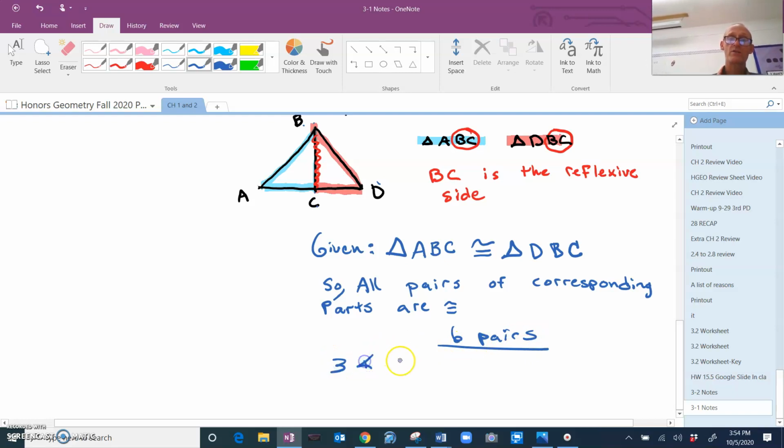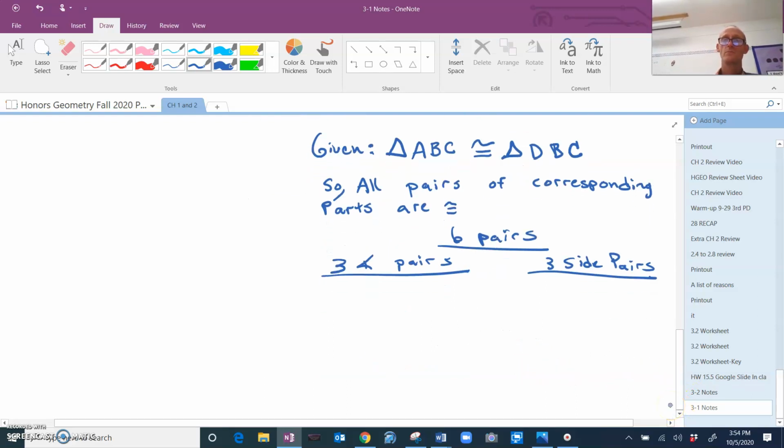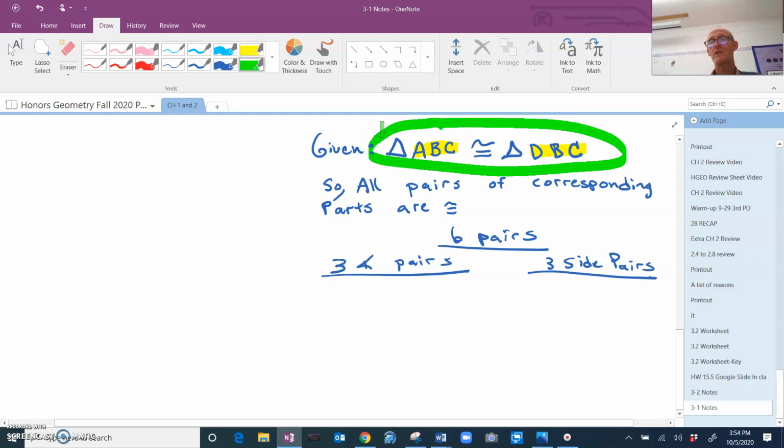So 3 angle pairs and 3 side pairs. Now, I can look at this and tell the 3 angle pairs, and I can look at this and see the 3 side pairs. I don't need the diagram.